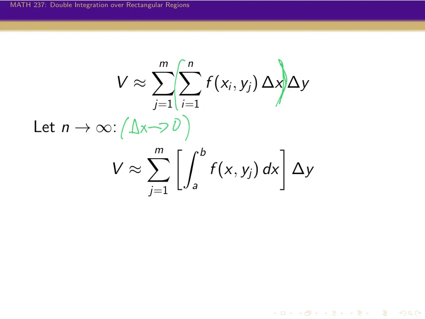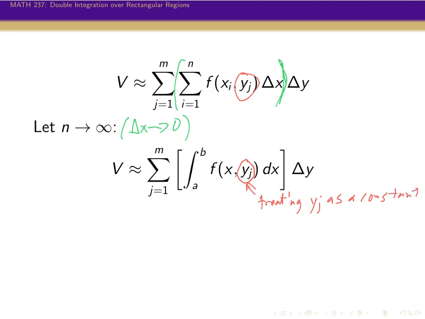And so we can write this as an integral. And in this integral, if you notice, the x's have changed, but we're not touching the y's at all. And so the yj's are still there. And in fact, in this integral, we're treating yj as a constant.